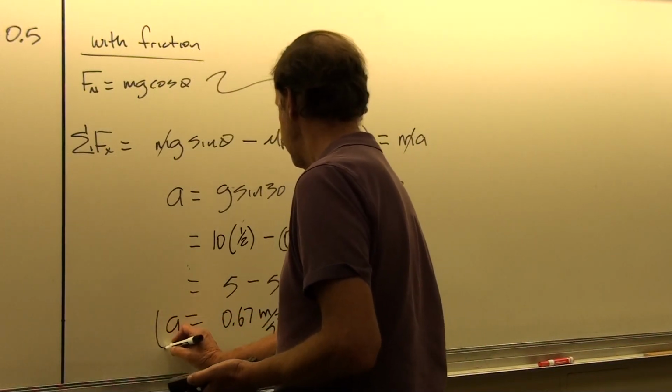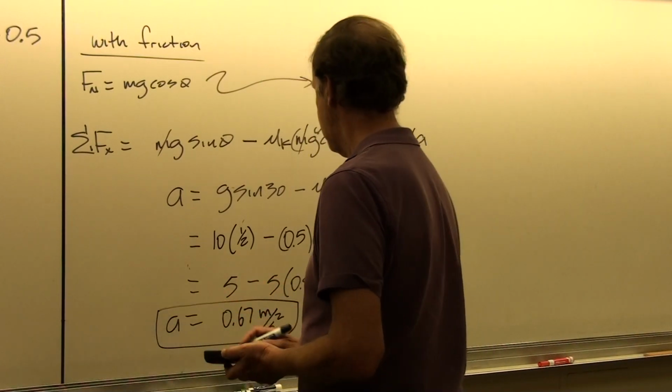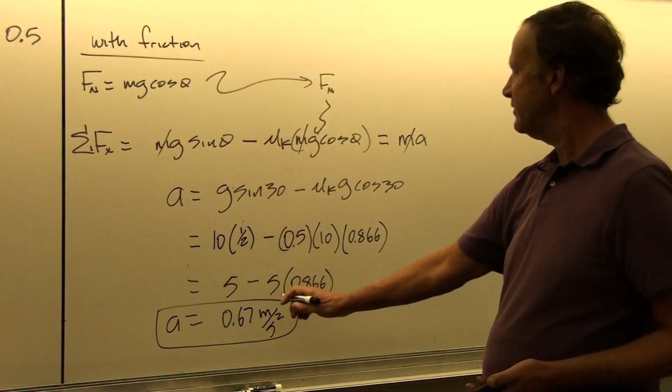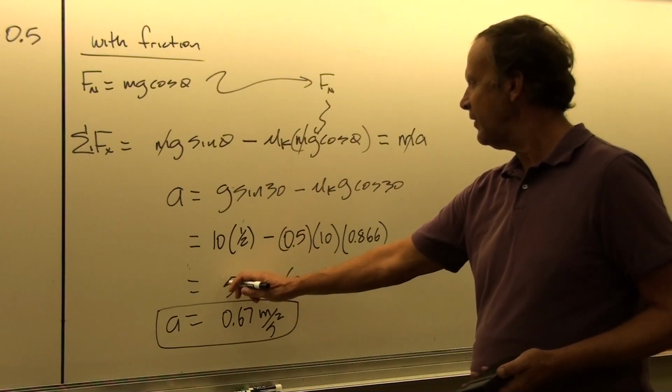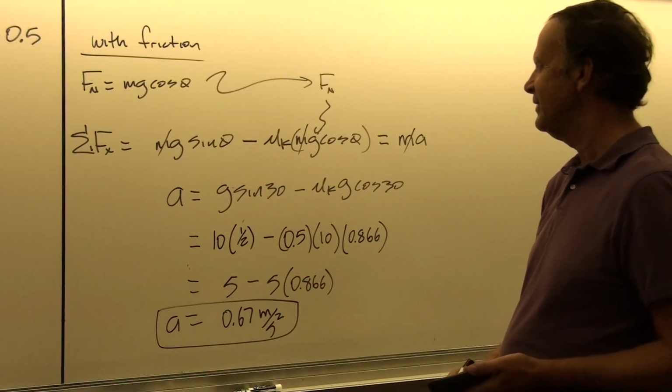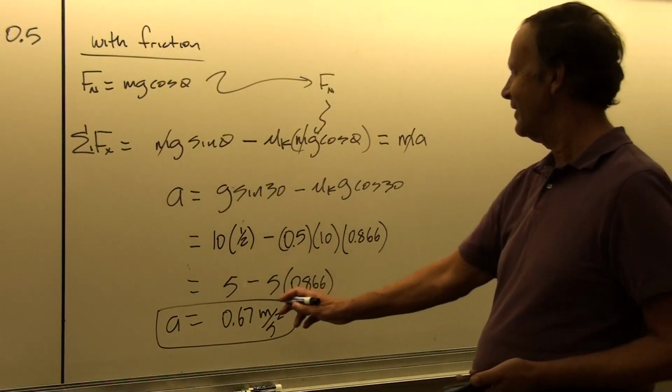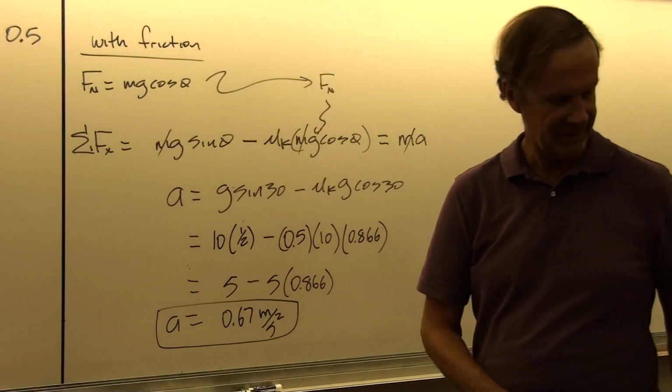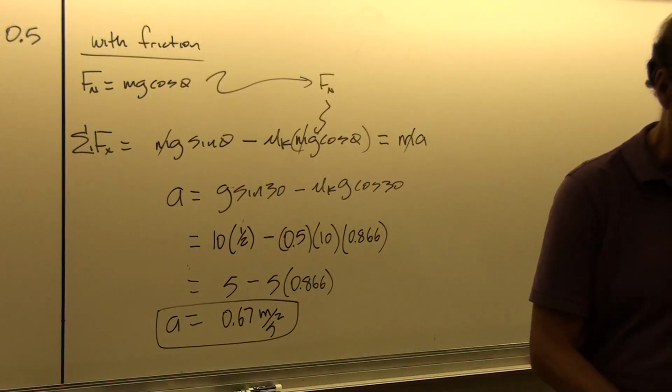That's a pretty high coefficient of friction, and so it slows it down considerably, because without that friction force, it would have been accelerating at 5 meters per second squared. Here, it's only 0.67 meters per second squared.